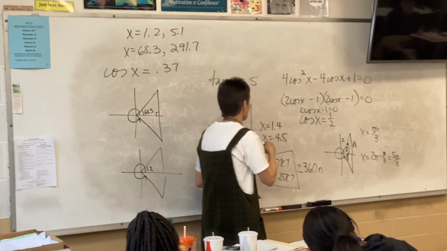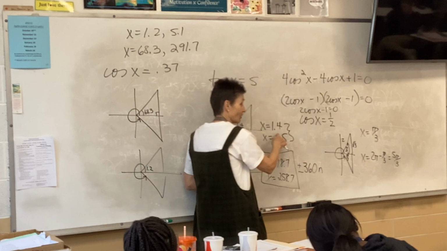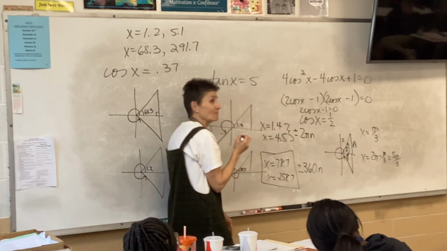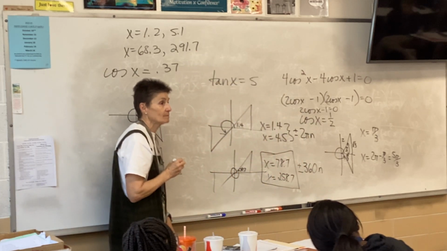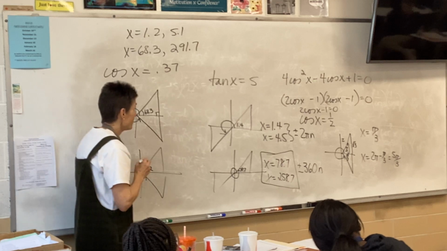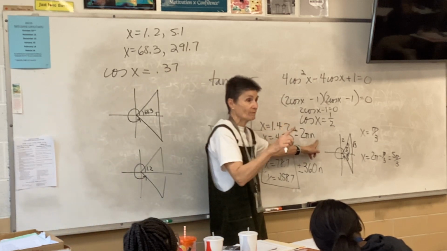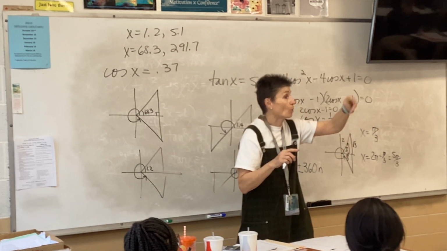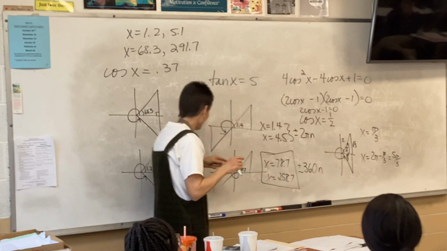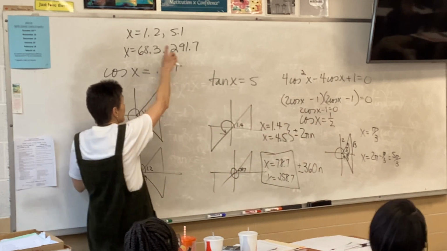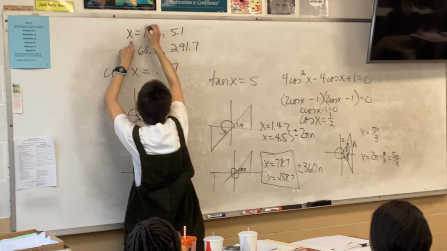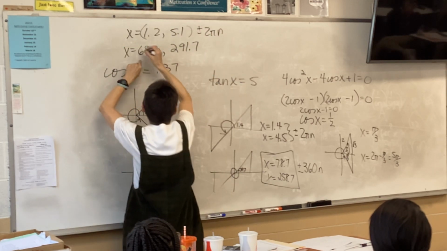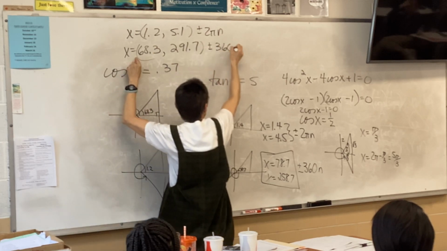So on the one before that, is the same thing happening? Here, we're going to add or subtract 2 pi's, because we're in radians. That n stands for the number of revolutions. So you can add 1 extra 2 pi, or 2, or 3, or 4. And likewise here, these answers would be these plus or minus 2 pi n, and it would be these plus or minus 360 n.